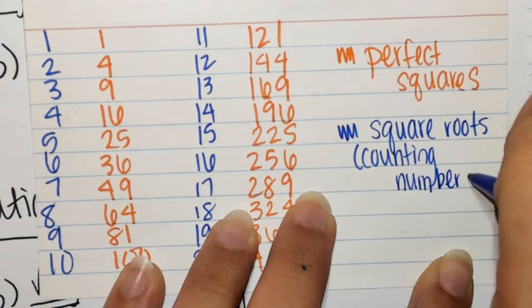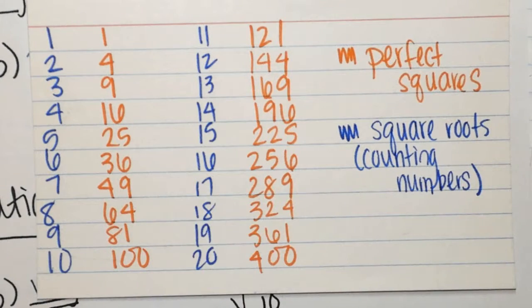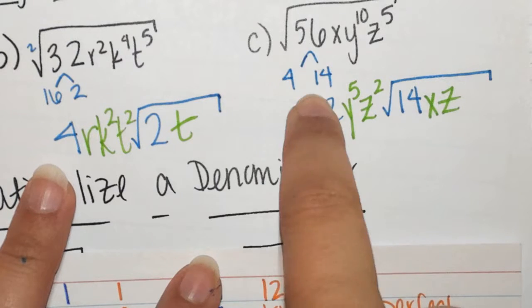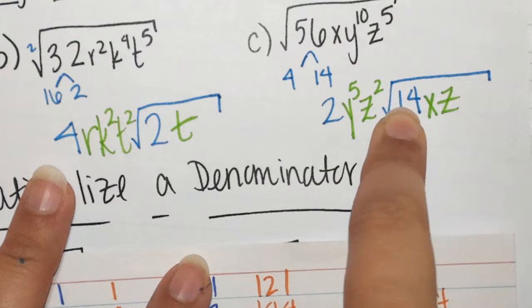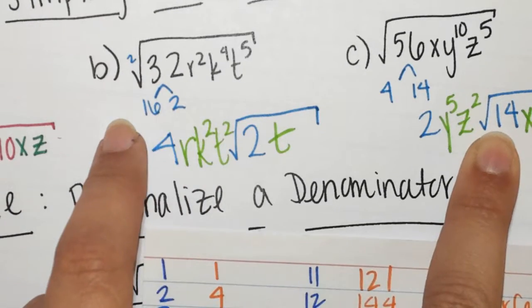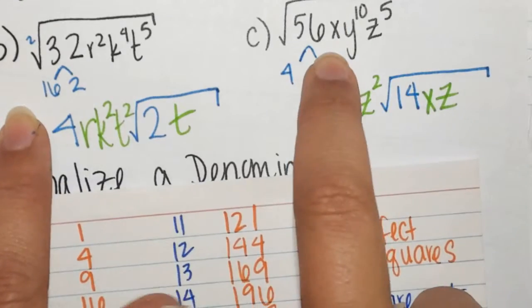Not always. Whatever number is not a perfect square, whatever number is left over, that's what goes in the radical. It's not always the bigger number. Here it was 2, and that's not bigger than 16, right? So it's what's not the perfect square.